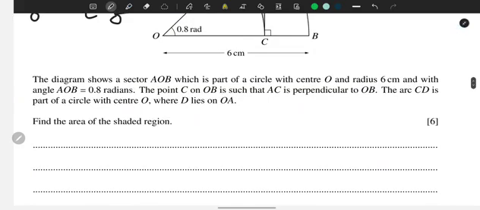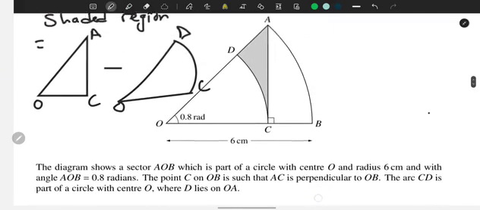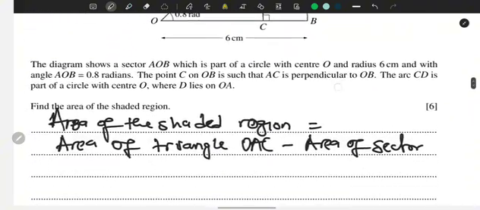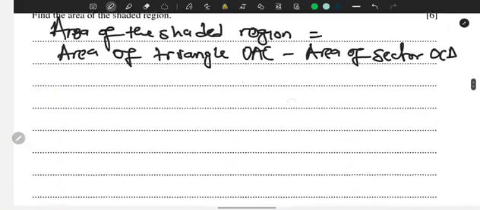The area of the shaded region is the area of triangle OAC minus the area of sector OCD.